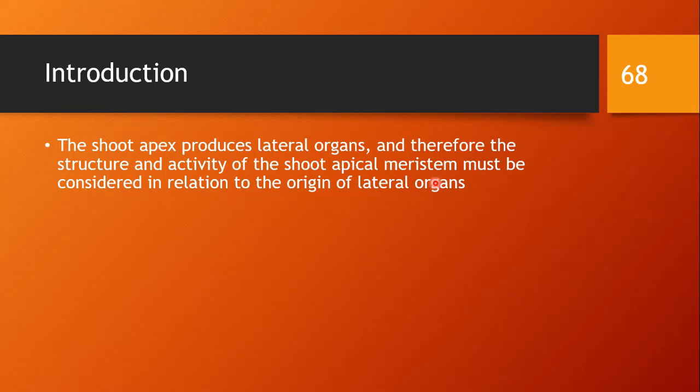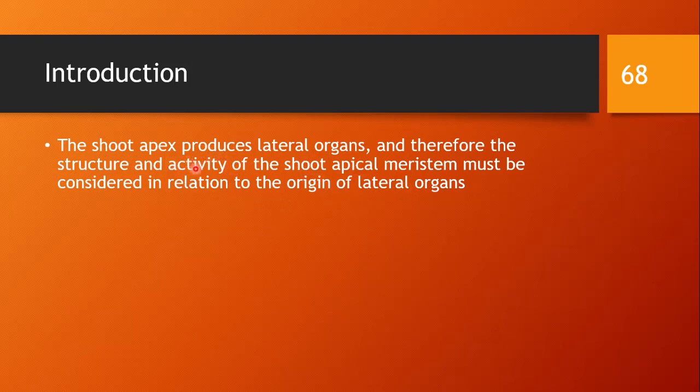The shoot apical meristem is considered responsible for the development of the lateral organs, the organs which are developing like the leaf, the branches and other parts. So that shoot apical meristem is actually responsible for the development of these lateral organs. That's why after the apical meristem, directly we are discussing the development of the leaf.